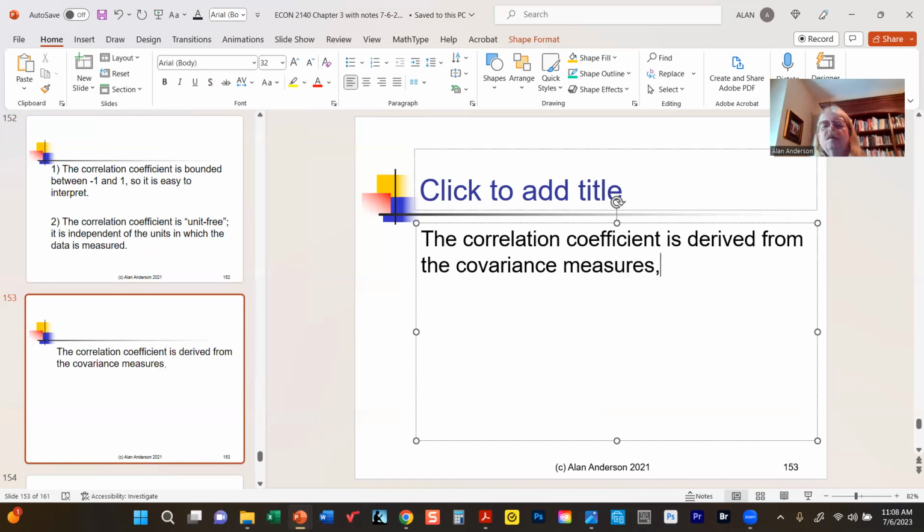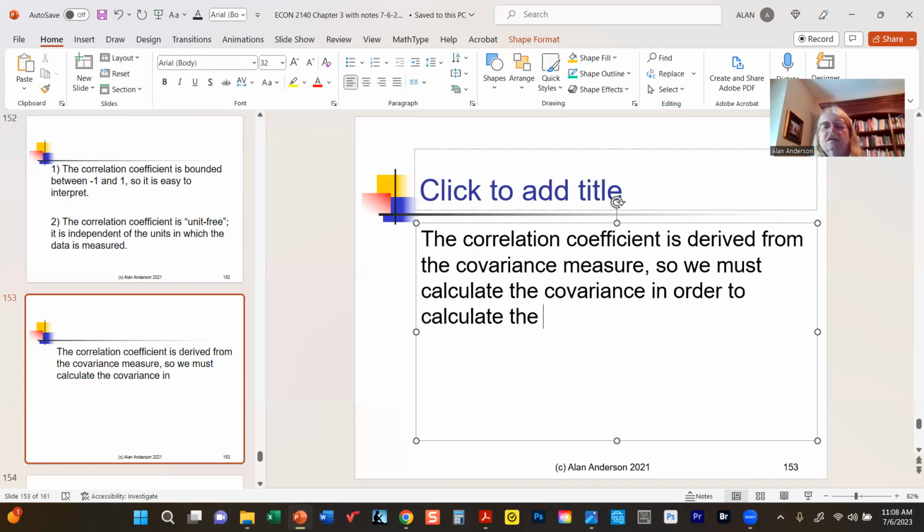So we must calculate the covariance in order to calculate the correlation coefficient. You can't not do the covariance, you have to have it. Think of the correlation as being an improvement over the covariance, just like the standard deviation is not just the square root of the variance. This one is related directly to the covariance, so we do need the one to calculate the other.